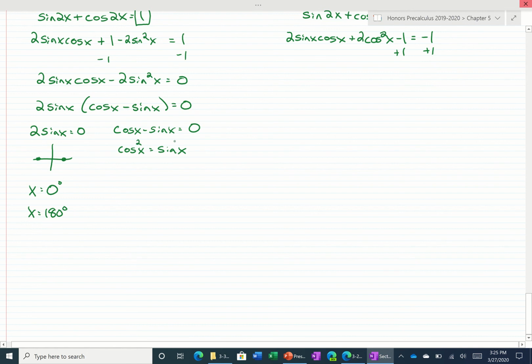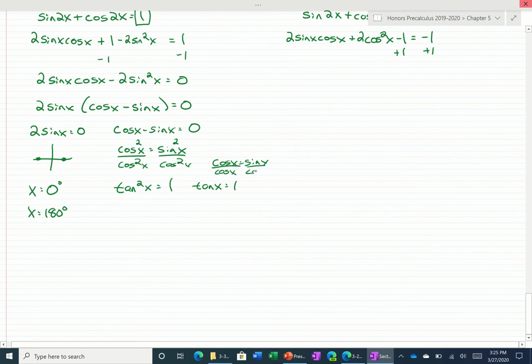If I square both sides and then divide by cosine squared, we get tangent squared of x is equal to 1, as opposed to if we didn't square both sides, we would just get tangent of x equal to 1 if we just did cosine of x equals sine of x and divided both by cosine of x.